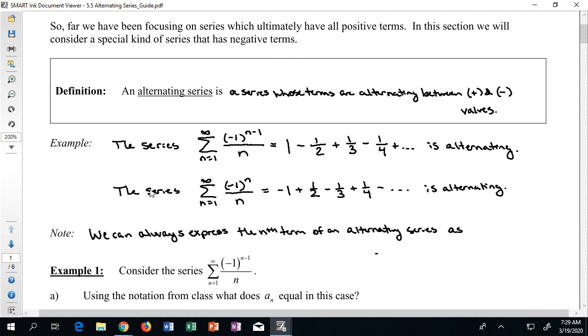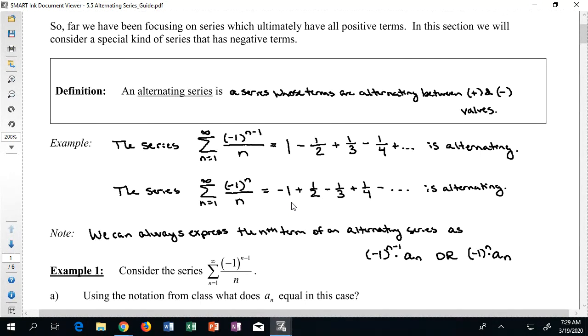We could express it as something like (-1) to the power n-1 multiplied by something like a sub n, some other formula, but I have to tack on this (-1) to a power to create the alternating effect. Or I could choose to write it as (-1) to the n, still times that a sub n. These aren't the only powers I can pick on the -1, but based on what that power is, I can make the series start with either a positive or a negative value. That's really the distinction we're making here.